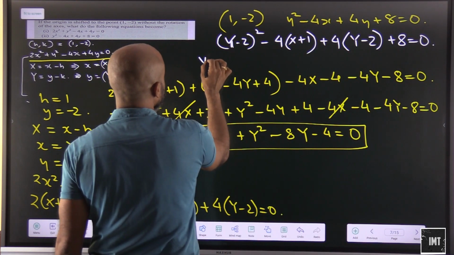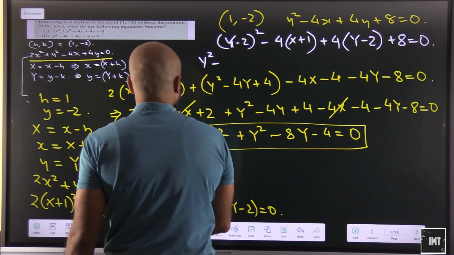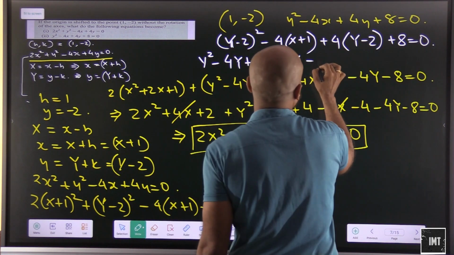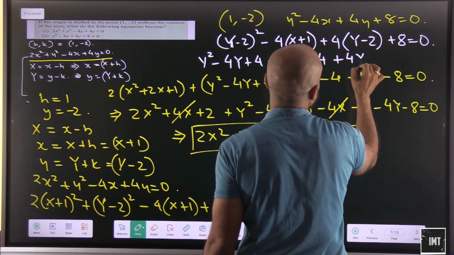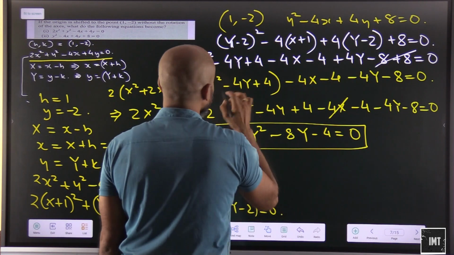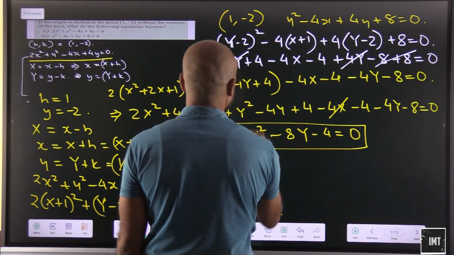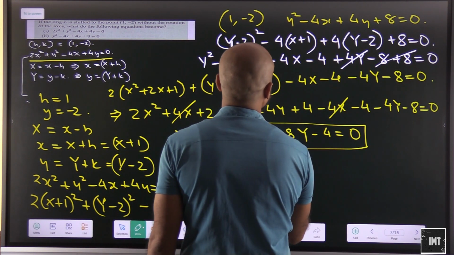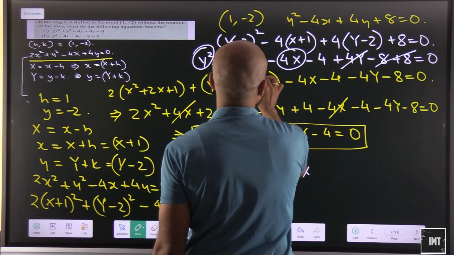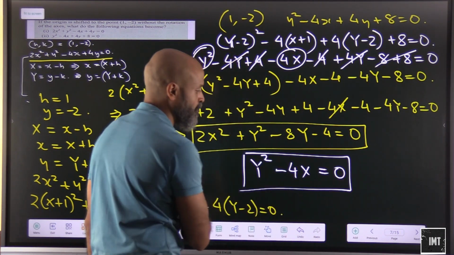So that will be Y square minus 4Y plus 4, minus 4X minus 4, plus 4Y minus 8, plus 8 is equal to 0. Minus 4Y plus 4Y gets cancelled. What do we have here? Y square minus 4X, and 4 minus 4 gets cancelled. This is equal to 0. This will be the new equation of the curve.